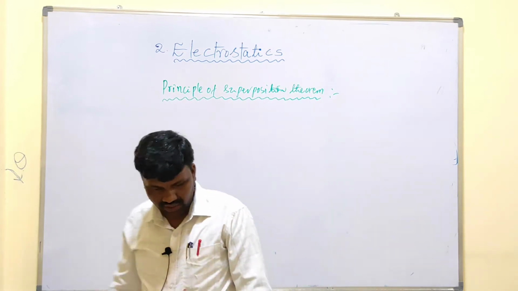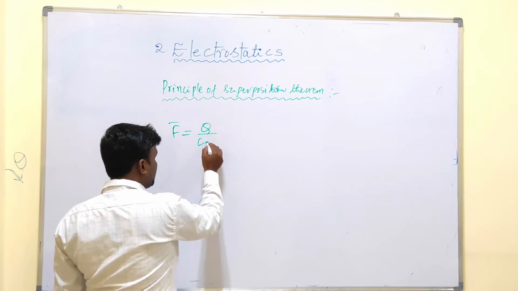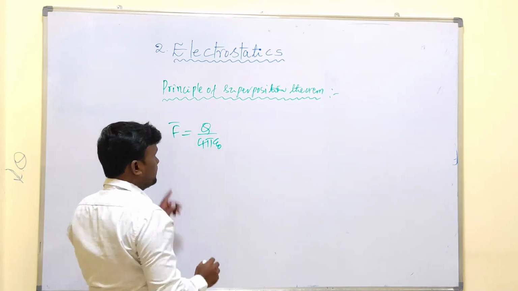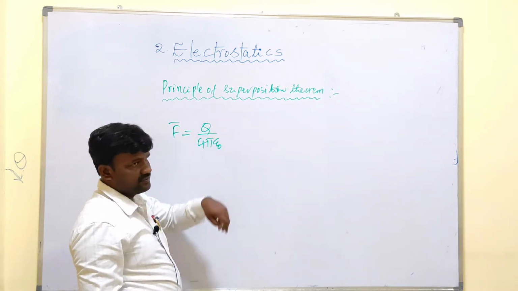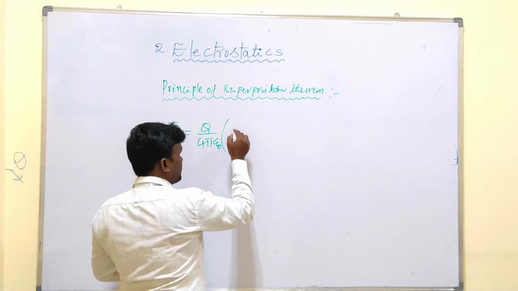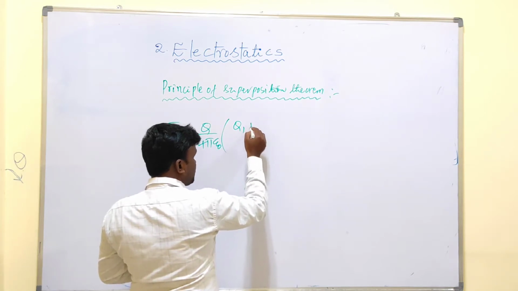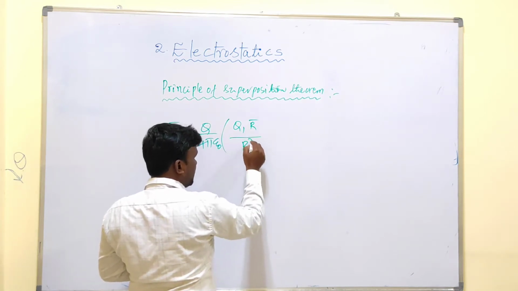In that case, we have the formula F bar equal to what? Q into 1 by 4 pi epsilon naught, for the first charge, Q1 by R square into aR. In terms of the vector notation we can write Q1 into R bar by R cube.